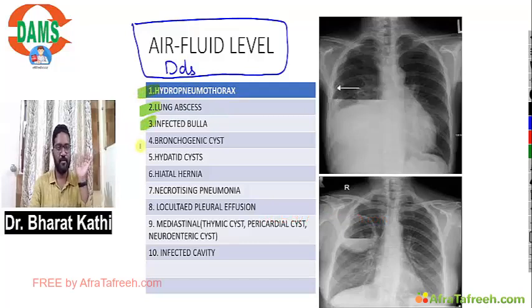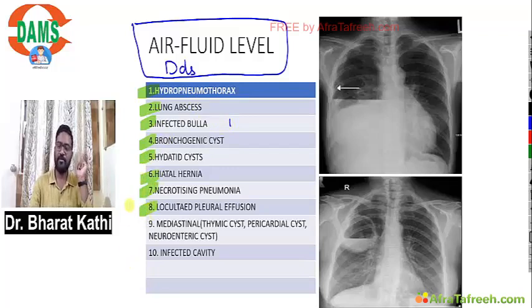Bulla, infected bulla, bronchogenic cyst, then hydatid cyst, hiatal hernia, necrotizing pneumonia, loculated pleural effusion, so that too loculated hydropneumothorax. So to call it an air fluid level, the name should be loculated hydropneumothorax. Then any infected cavity, mediastinal cystic areas can also present with air fluid level.